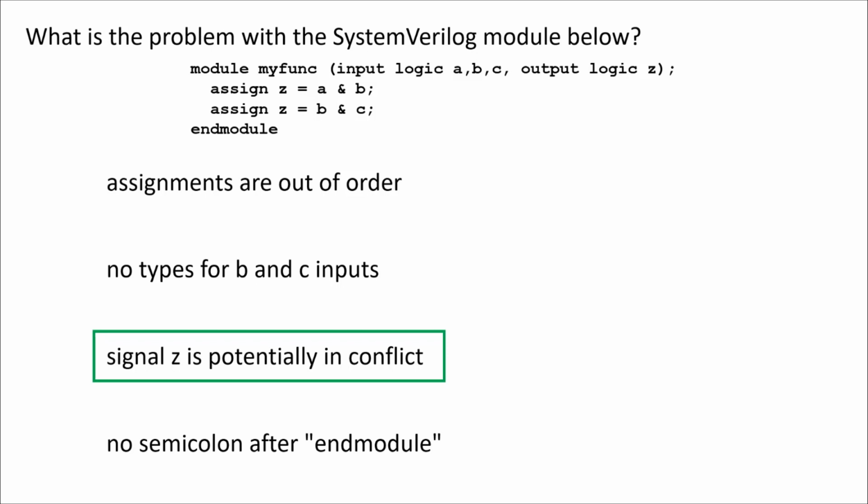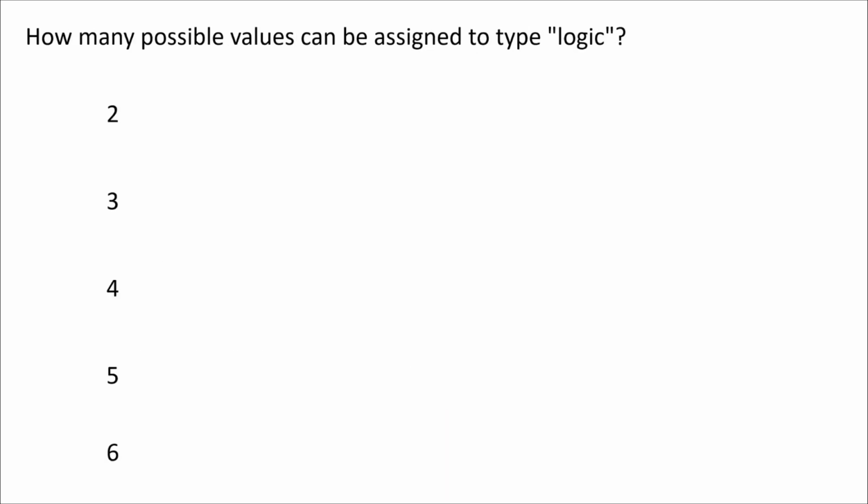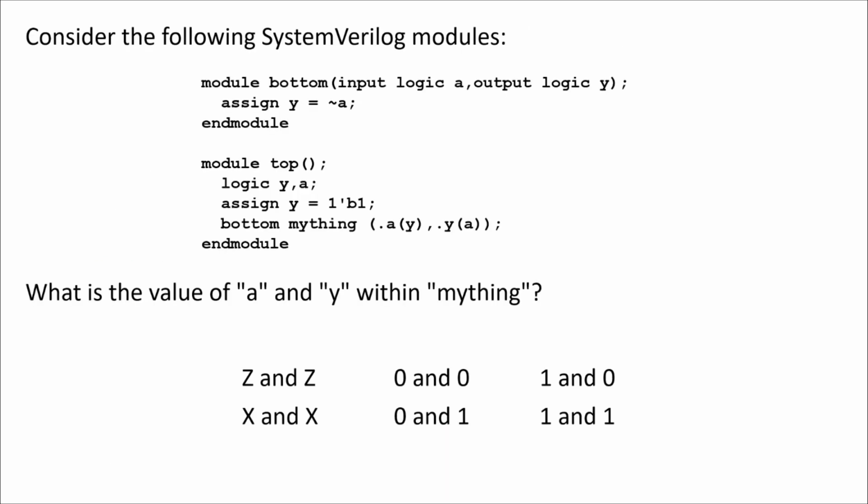But for the purpose of this class, we just deal in the 4 states for logic. But the point is that there's more than 2 values for logic, even though it's meant to represent a bit.